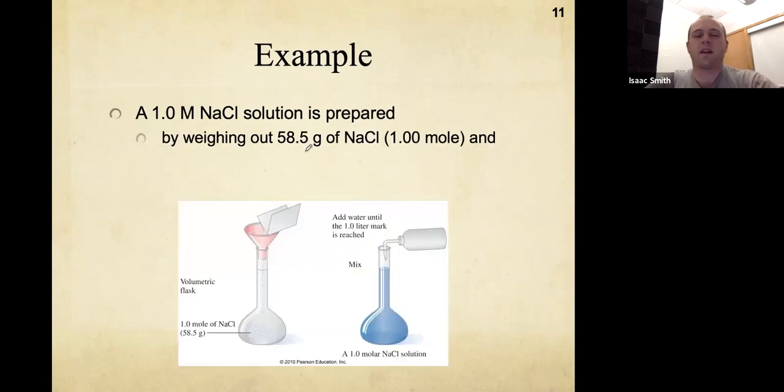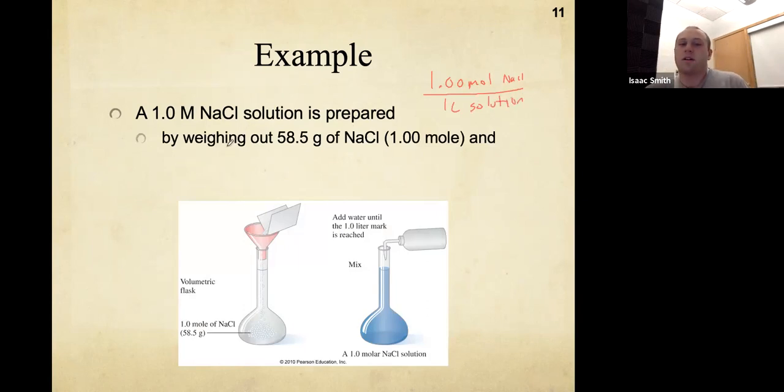So in order to do that, we need 1 mole of sodium chloride, right? If this is going to equal 1.0 molar, that means we have 1 mole of sodium chloride in 1 liter of solution, right? 1 divided by 1 is 1.